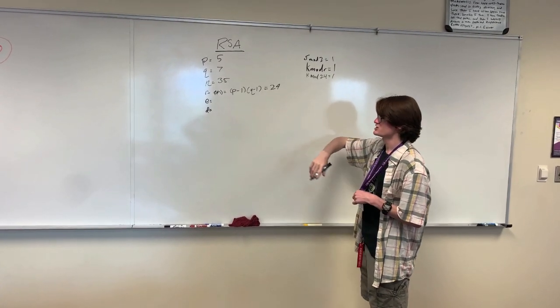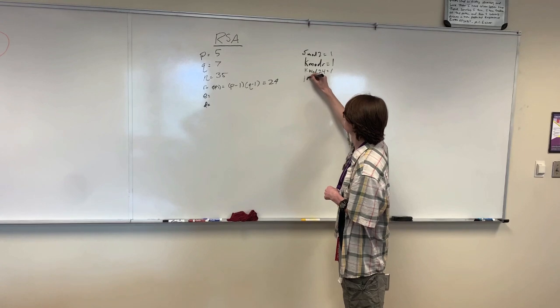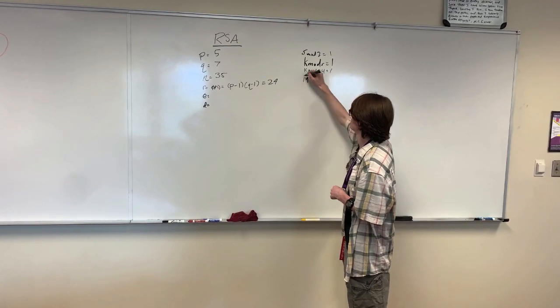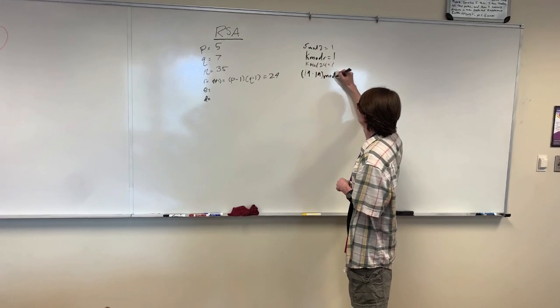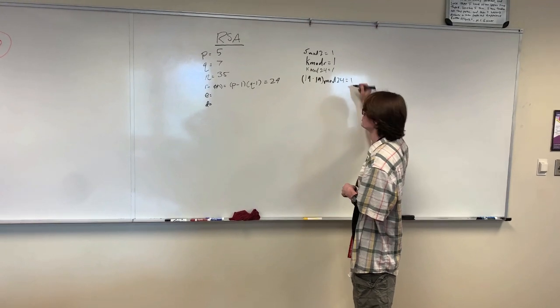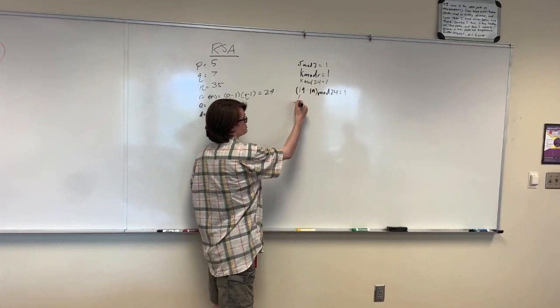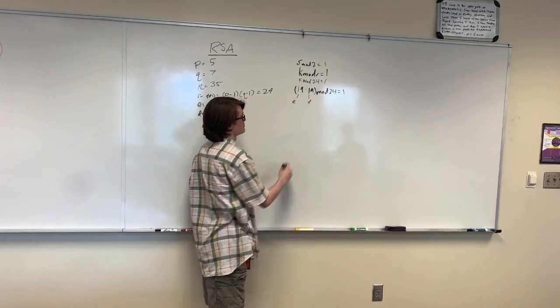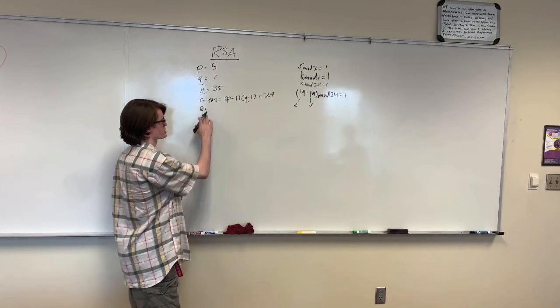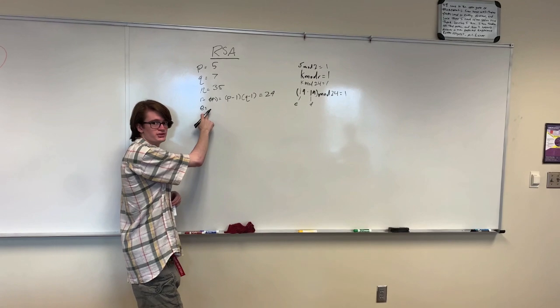So in the case that we showed, we chose 19 times 19 mod 24 is equal to 1. And each of these numbers corresponds to an E or a D. So the restrictions on E are very few.